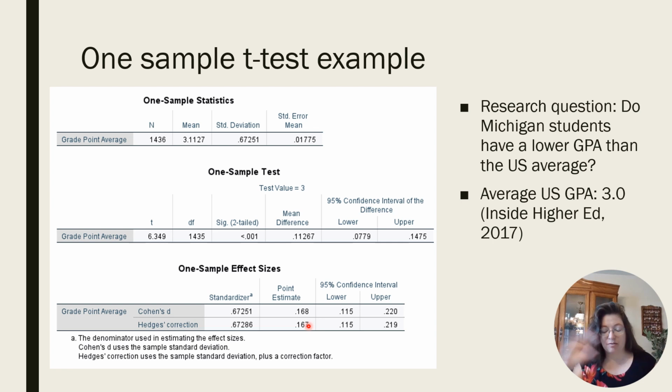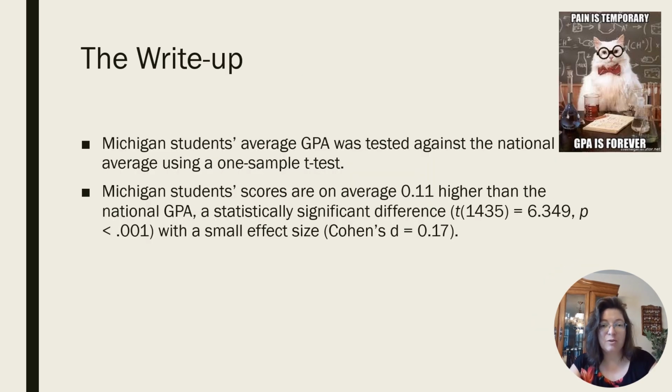If you'll remember from, or you won't remember it, but if you'll refer back to last week's PowerPoint slides where I listed all of the effect sizes for you in the table, you will know that this indicates that there's just a small effect. So even though, yes, we've got a significant difference between Michigan students and the general student population in the US, that effect is actually quite small. So it's not very meaningful.